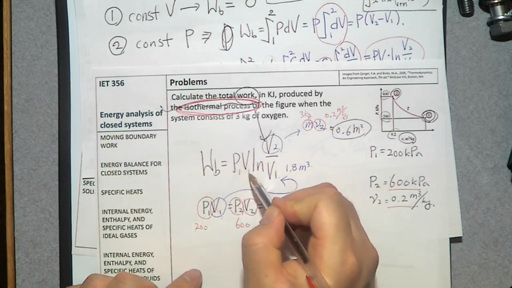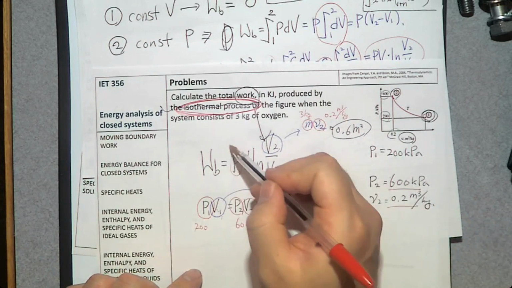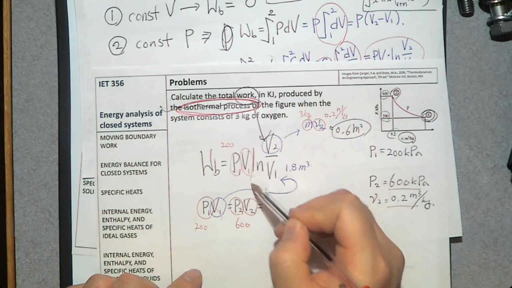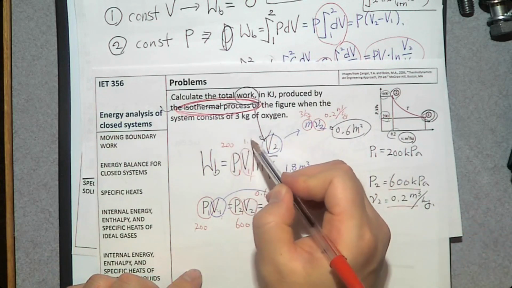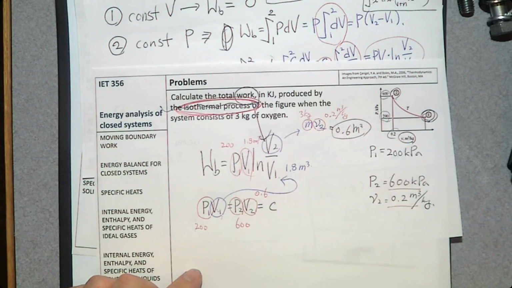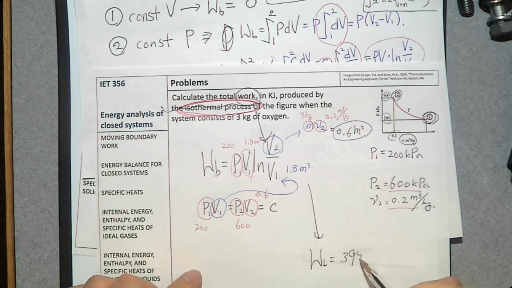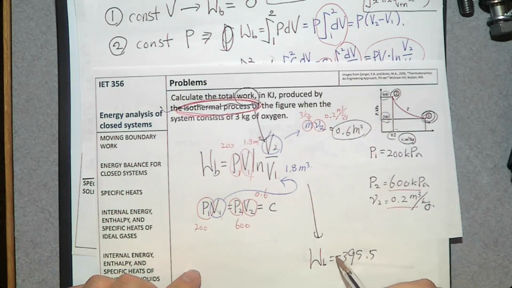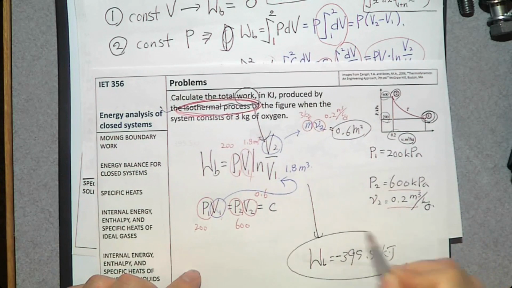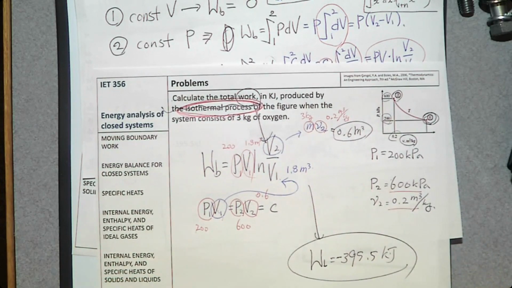Let's say P1 V1. Then what is P1? 200. What is V1? 1.8 cubic meters. So if you do the calculation, you get WB of negative 395.5 kilojoule. So this is the moving boundary work.